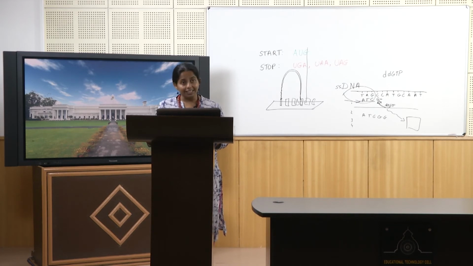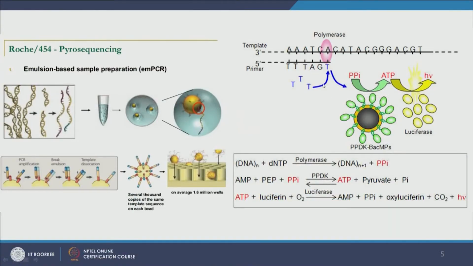So then I will add T. When I add T, I observe light, so I know that pyrophosphate was released, hence T was accepted. So I know that the nucleotide that has just been added is T, thus in the template I have A. This way I have the sequence. This is Pyrosequencing. Obviously you can guess the name is derived from the pyrophosphate that is released every time a nucleotide is added.